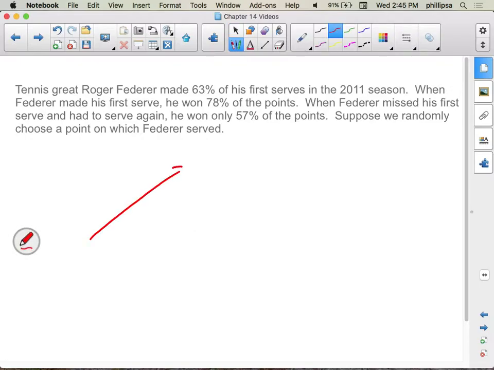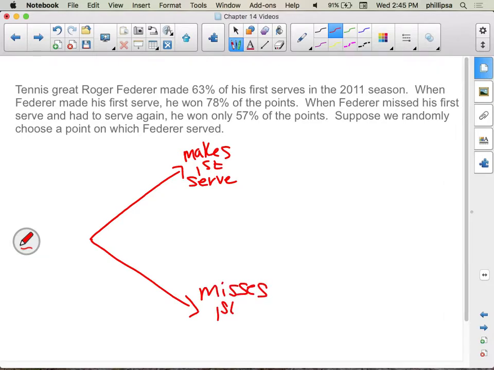First, let's take a look at what the tree diagram would look like. The first stem off is whether he makes the first serve or not: makes first serve, misses first serve. The probability that he makes the first serve is 0.63. The probability that he misses the first serve is 0.37.